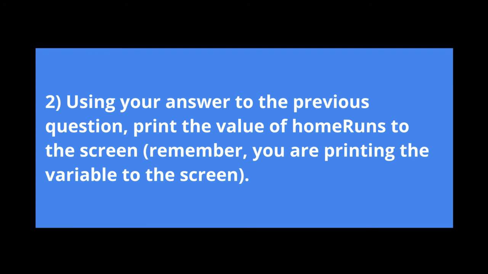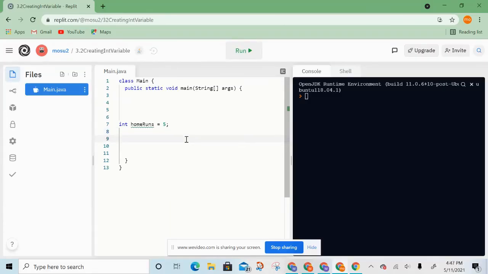Using the code from the previous question, now what I want you to do is to print the value of home runs to the screen. Now remember, you are printing the variable to the screen. So first off, we're going to keep our code from the first question right here. Now, if we want to print this to the screen, remember, we're going to be using a print statement. You could either use system.out.print or system.out.println. Both will get you the same outcome. Inside of here, we're not going to type 5.